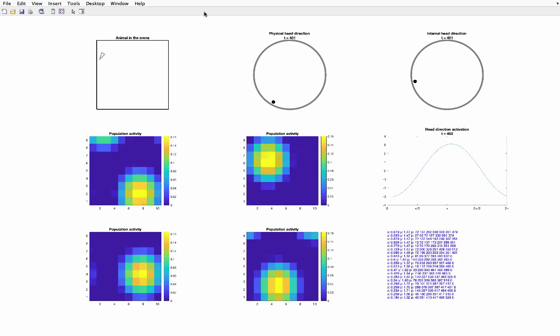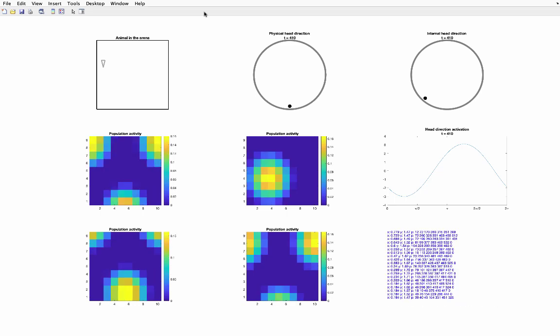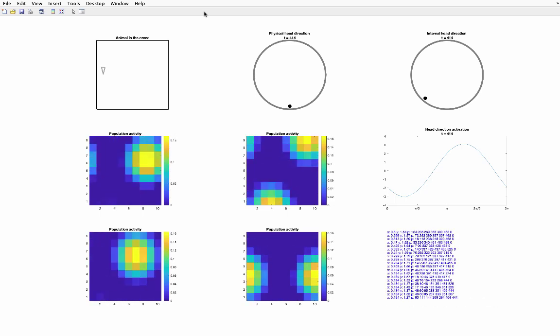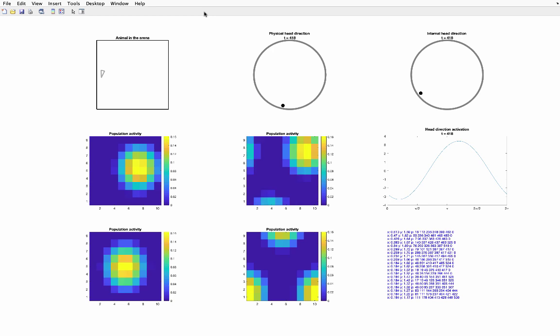They'll be orthogonalized so that they're not adjacent in the place system in CA3.